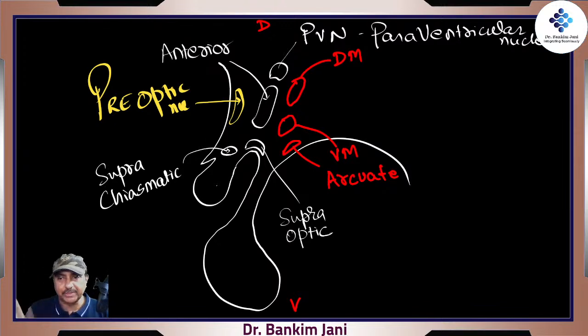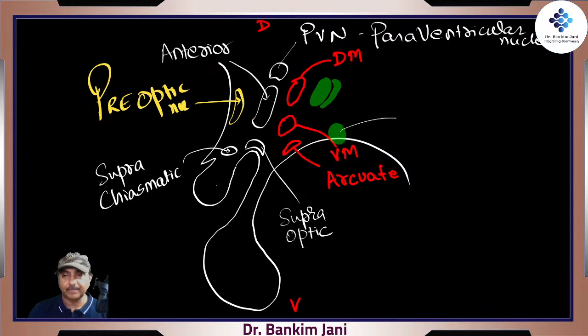And finally, the fourth one would be the posterior hypothalamus. In that, we once again have 3 nuclei. Who are they?